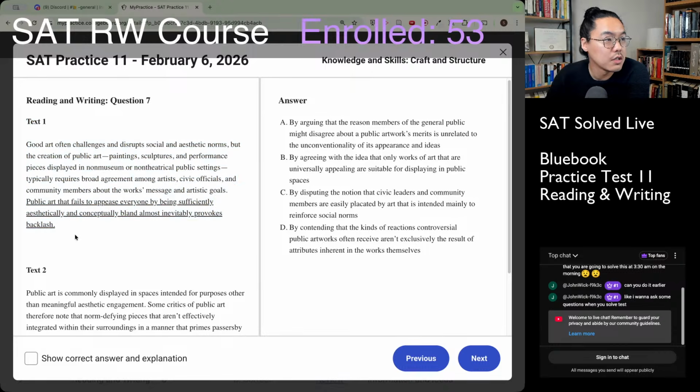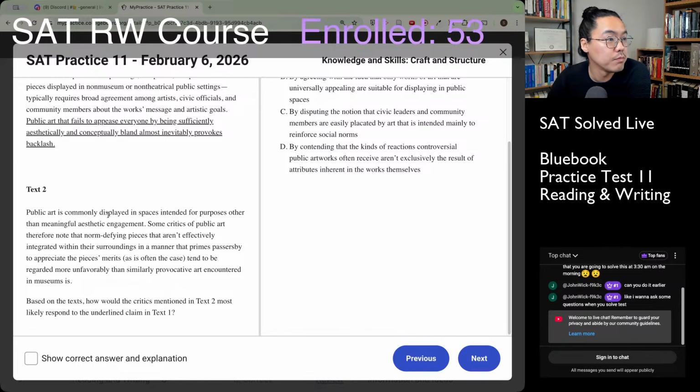Here, text 1 says good art often challenges and disrupts social aesthetic norms. But public art requires broad agreement. So public art has to appease everyone by not being challenging and disrupting. So if you fail to be bland, then you're going to be challenging and disrupting, which will provoke backlash, always.